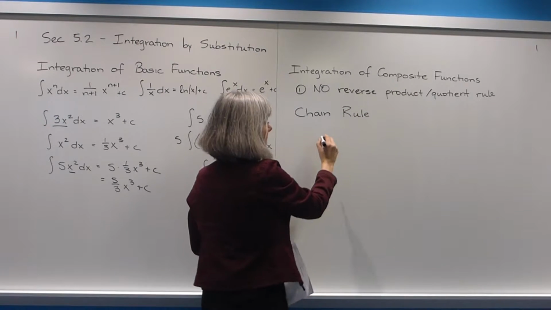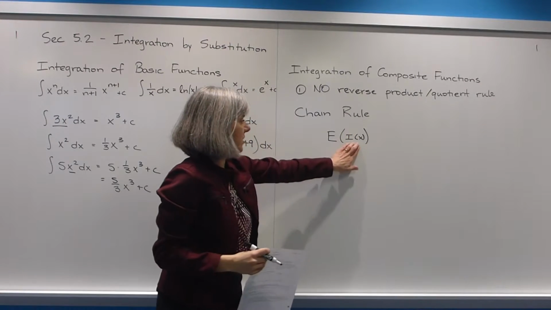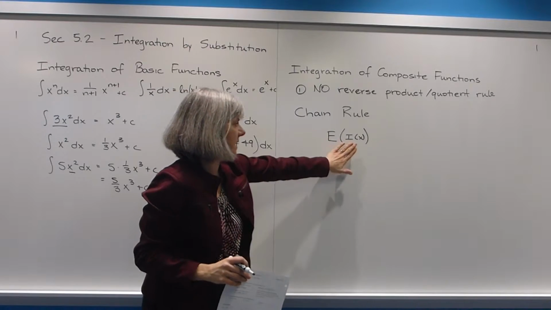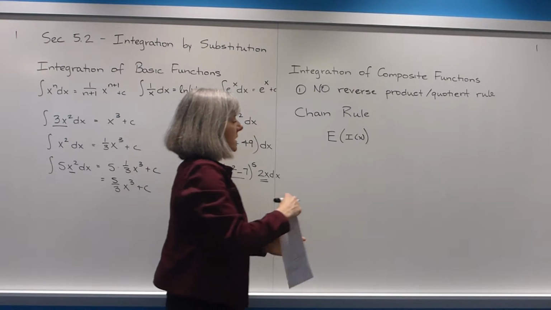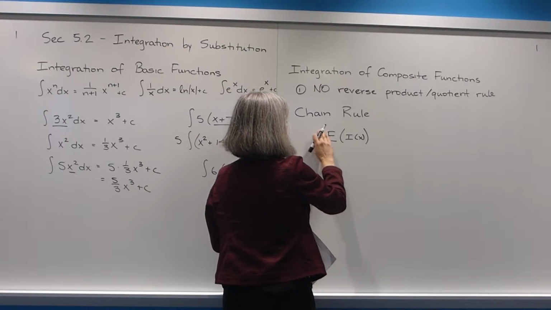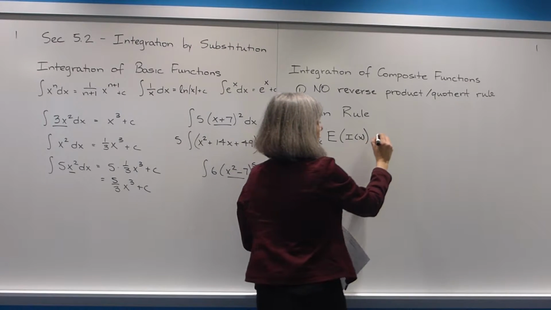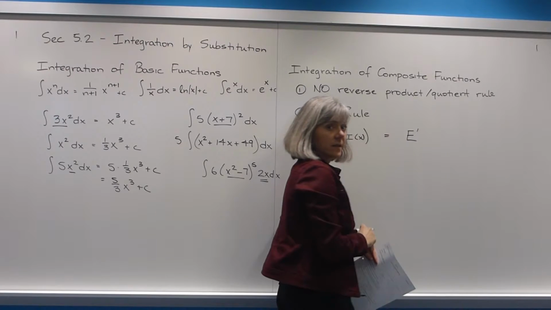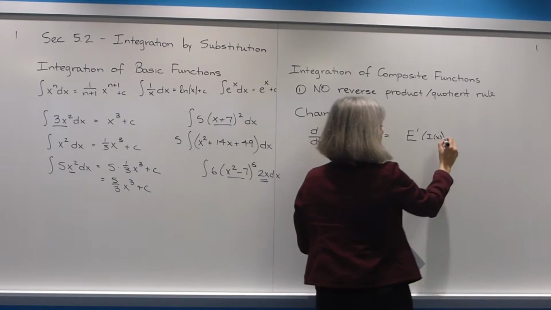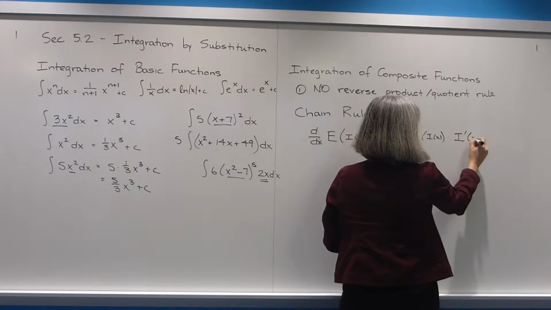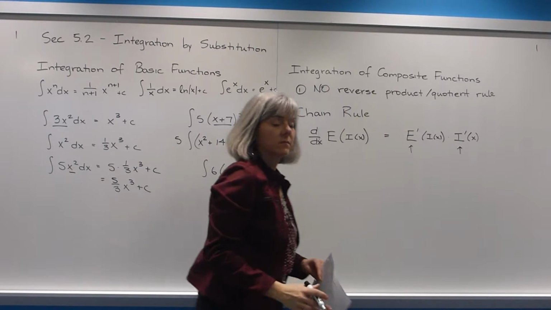Chain rule says that if you start with a composite function, one function inside another, and we identify them as the inside function and the outside function, when we take its derivative, we take the derivative of the outside, leaving the inside alone, and then we multiply by the derivative of the inside. So we have two pieces, the derivative of the outside and the derivative of the inside.